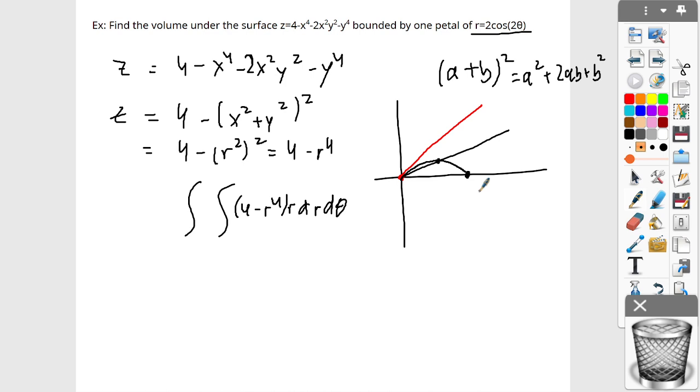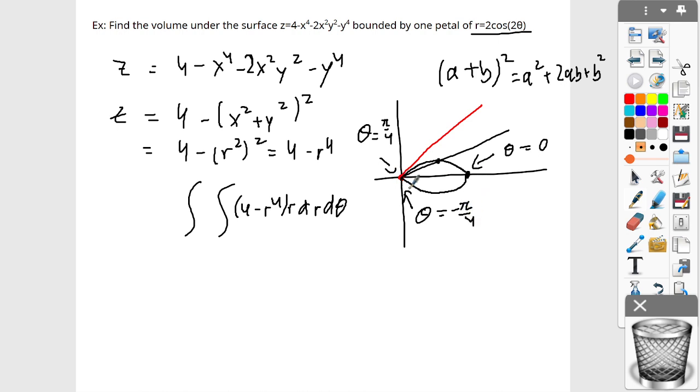This is theta equals 0, and this is theta pi over 4. If we go the other way round, we're going negative, back in angle. So this is also theta equals negative pi over 4.